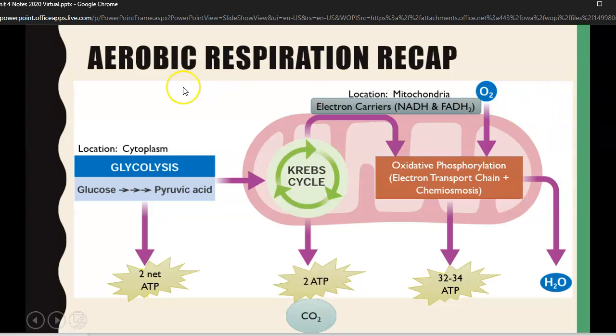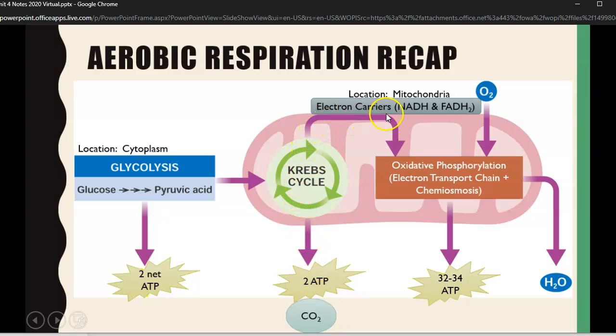If you take a look at this, you are seeing where things are being done. Within the cytoplasm, you have glycolysis, taking glucose and changing it into pyruvic acid, with 2 net ATP being made. Then this goes into the matrix of the mitochondria, and it goes through the Krebs cycle, where you also have 2 ATP being made with a waste product of carbon dioxide.